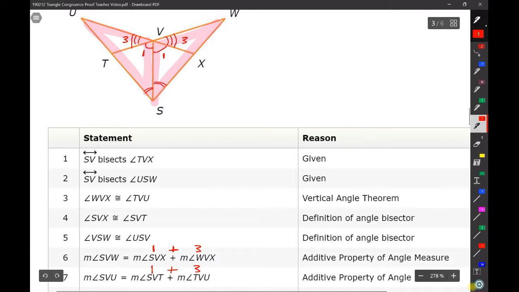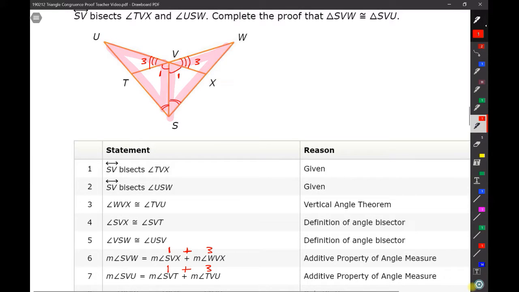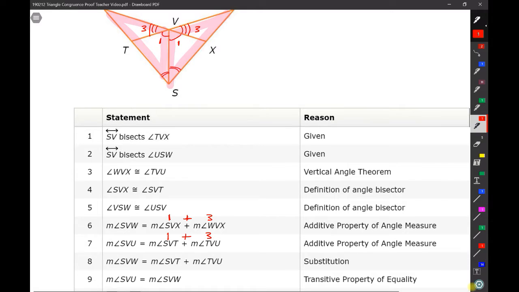So we've got some angle equal to 1 plus 3, and another angle equal to 1 plus 3. That should begin to tell you, hey, I'm looking at substitution, transitive property. There's got to be some stuff coming in here because I've got things that are congruent to or equal to the same thing. All right, that's where we go on the next step.